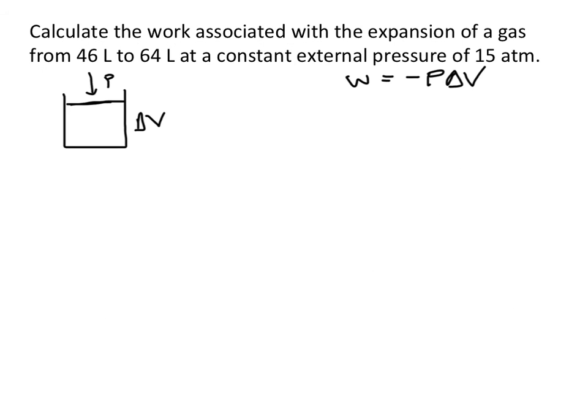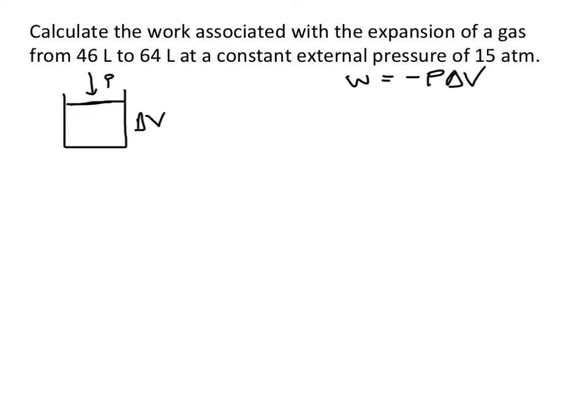The problem that we're looking at here is a pressure volume work type calculation. Basically, what we're trying to figure out in this type of question is how much work is done to or by a system based on the expansion or the compression of a gas.